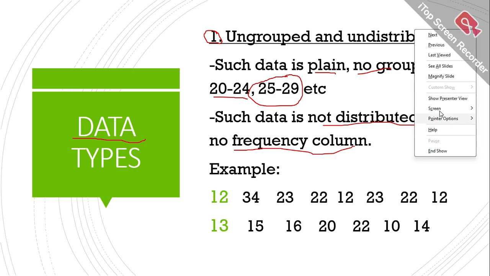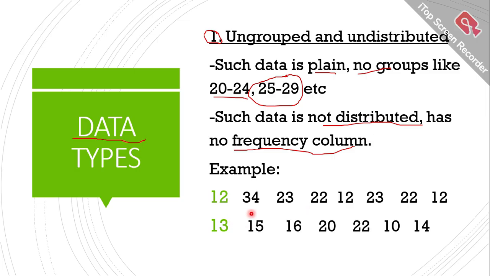Such data does not have any frequency, because we shall see the frequencies come about. Frequencies normally show us the number of times a certain item appears. But now here we simply have a list of data. Data has no groups, it's just a list of data.